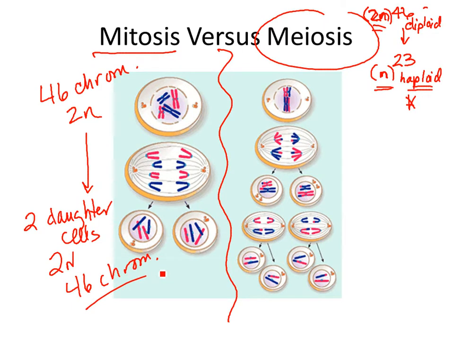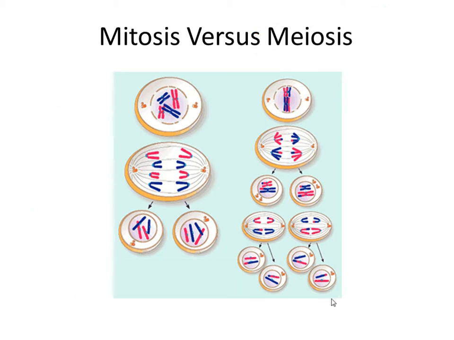During meiosis, the process that occurs, I'm going to erase. During meiosis, you're going to start with a mother cell that has 46 chromosomes.